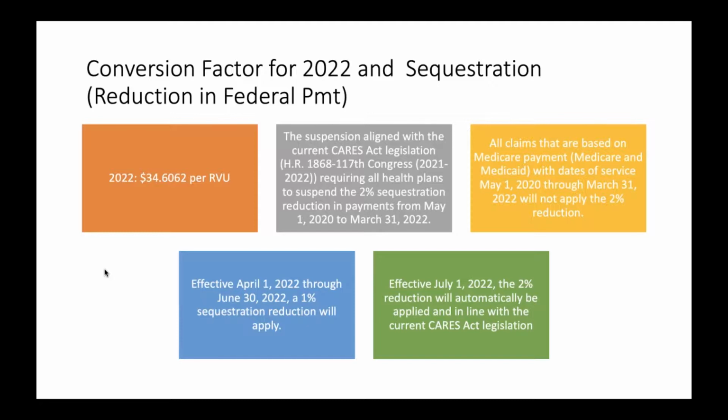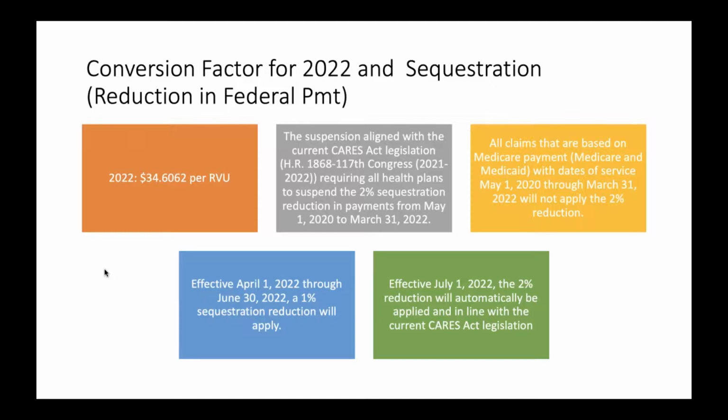So instead of $36, which was the 2020 conversion factor, we were making close to $36 still. It was like $35.60.